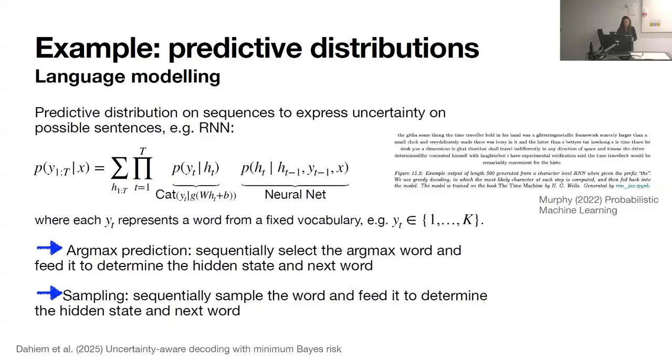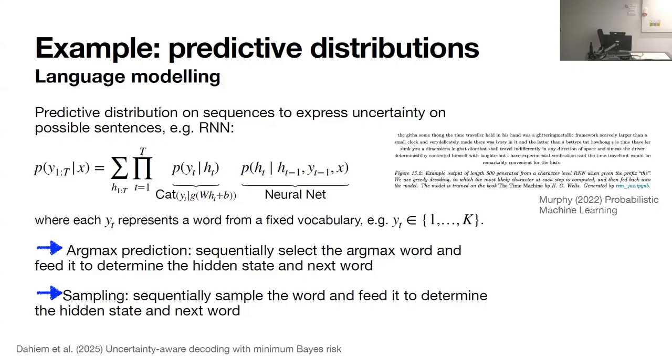Okay, and I just wanted to give one more example of a predictive distribution. So if we're working in language models, we get predictive distributions over sequences that, for example, express our uncertainty on possible sentences.